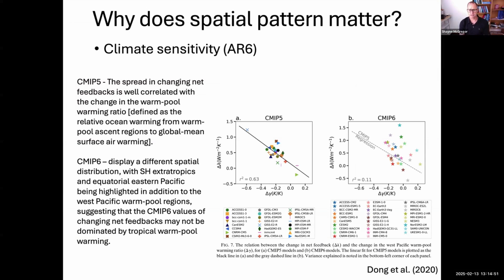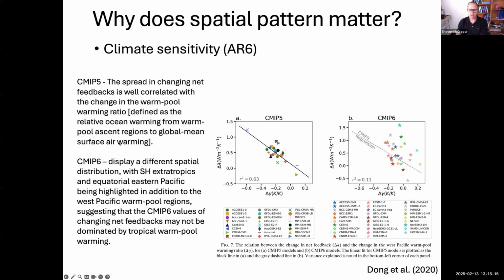This slide is dedicated to the climate sensitivity, so how much projected temperatures will change for a given concentration of greenhouse gases. CMIP5 models display quite a strong relationship between this climate sensitivity and the change in the warming of the warm pool relative to the rest of the tropics.